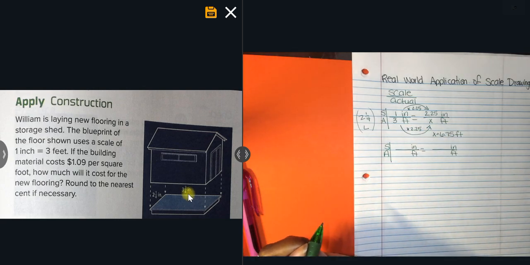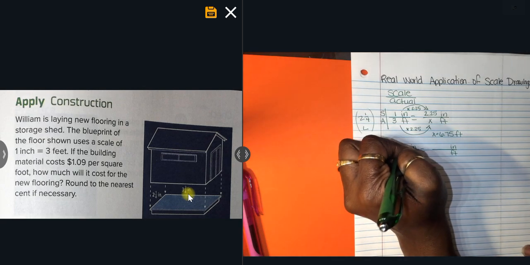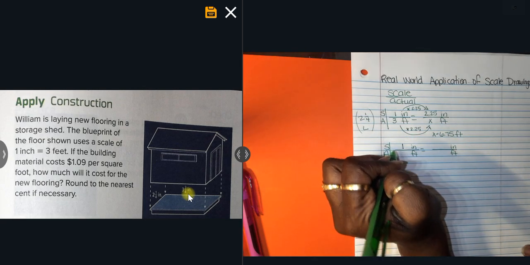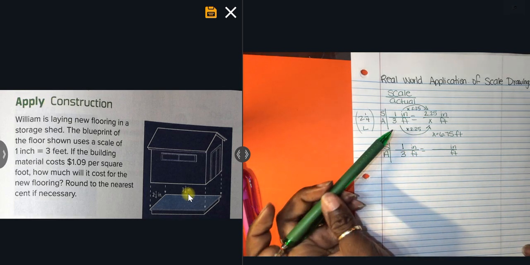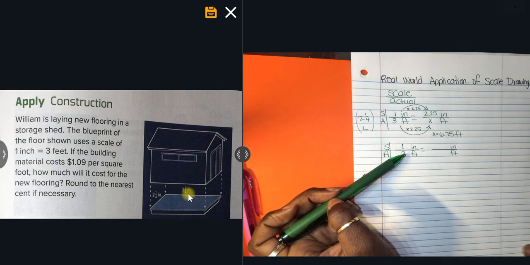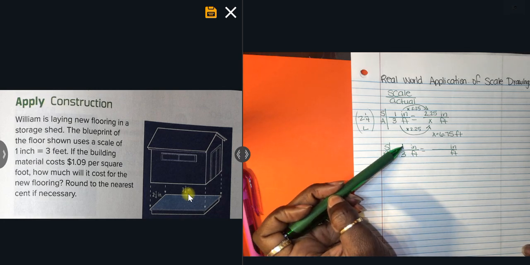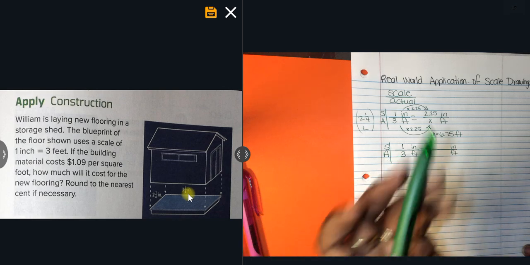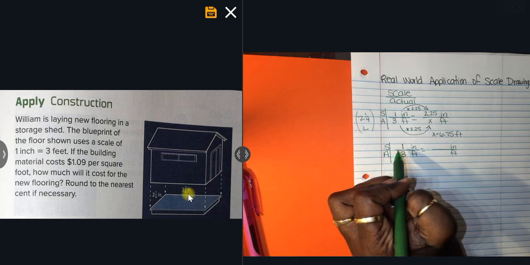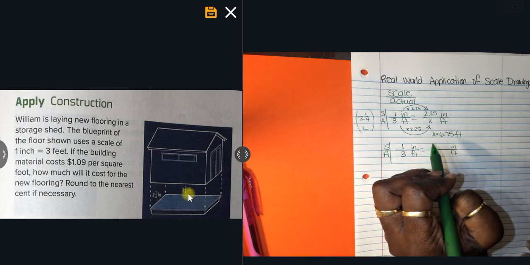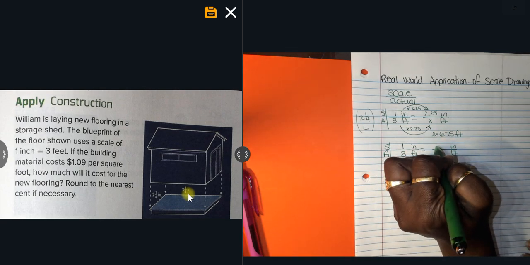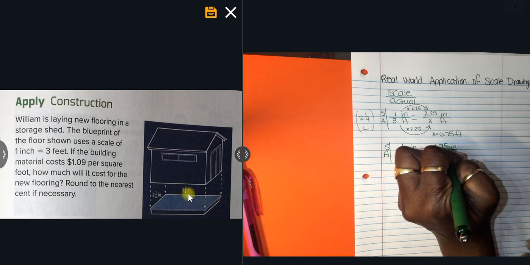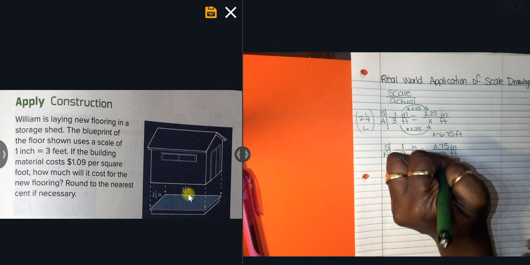Our inches is going to be 1 inch, and it represents 3 feet. That's what this means. We're not saying that 1 inch is equal to 3 feet; in actuality, we're just talking about our scale drawing. So for every inch, it's representing 3 feet. From the information they gave us, our scale is 3 3/4, which is the same thing as 3.75, and then we're going to put an X here.